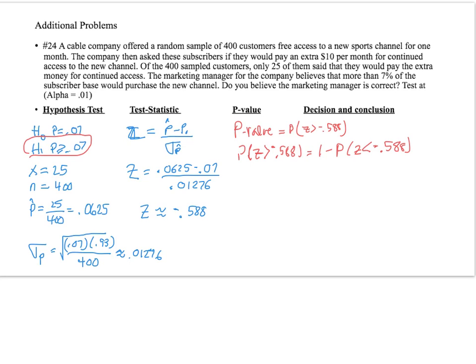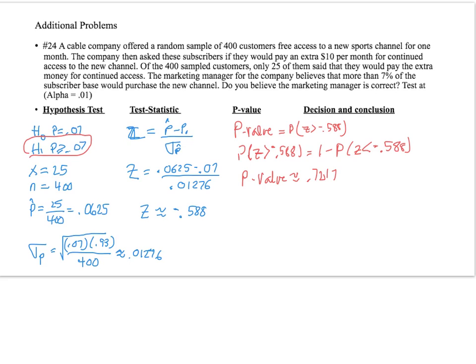Right, and we're going to go up to 0.59. So this p-value we calculate to be approximately 0.7217, I think, is what we get.